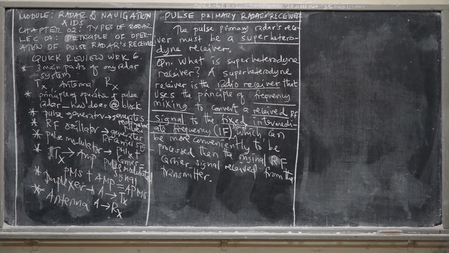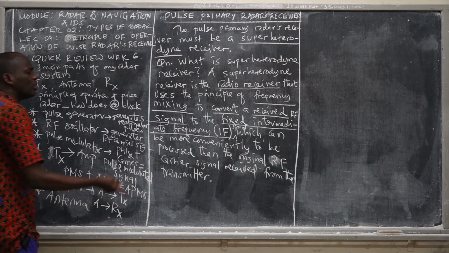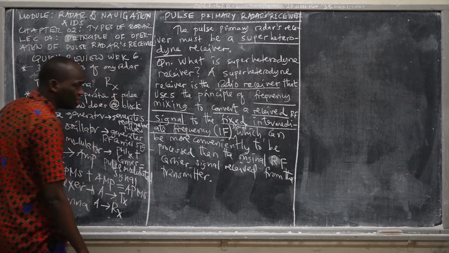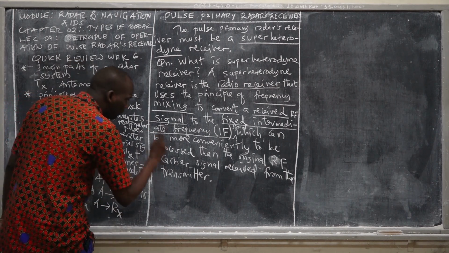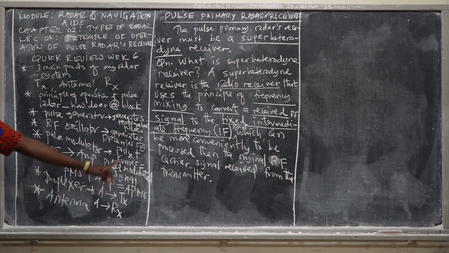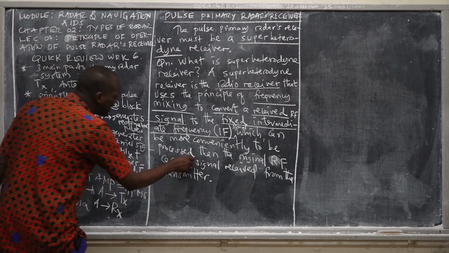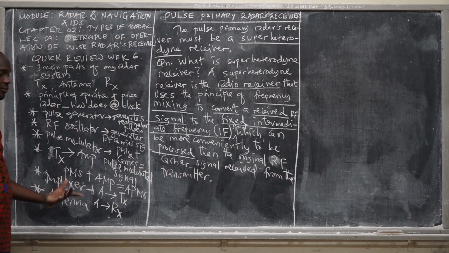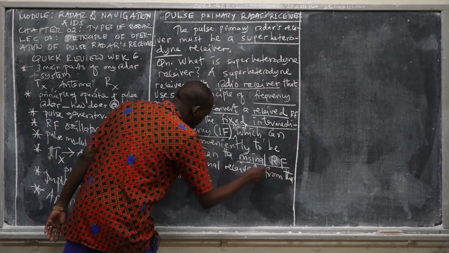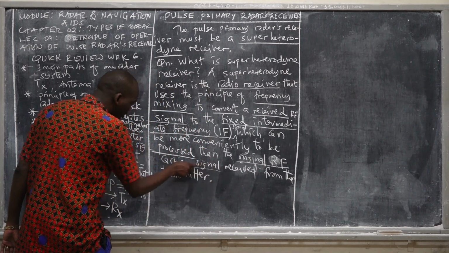Class, are we together? So the received RF signal is converted to a fixed intermediate frequency signal, which is more convenient. Why do we need this conversion? The reason is stated in the next part of the sentence. It can be more conveniently processed by the receiver, rather than processing the original RF carrier signal.